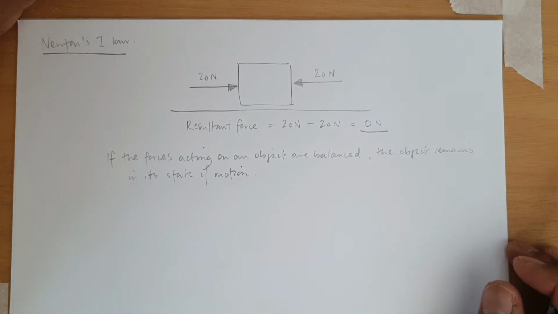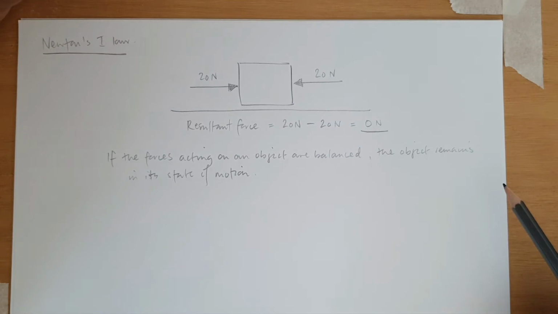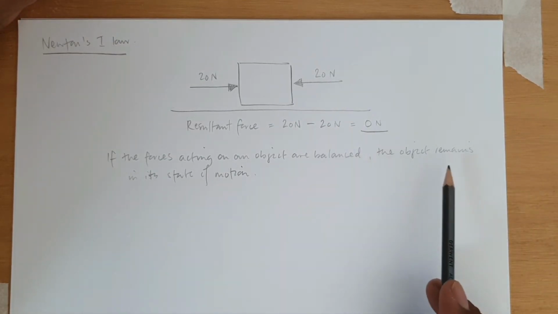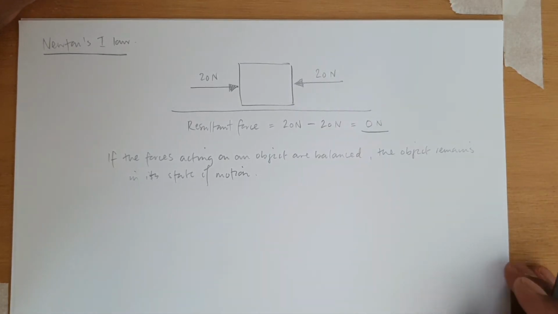I guess the other side of that rule is that if the forces aren't balanced, then the object will change its motion. That's really what Newton's second law is about.